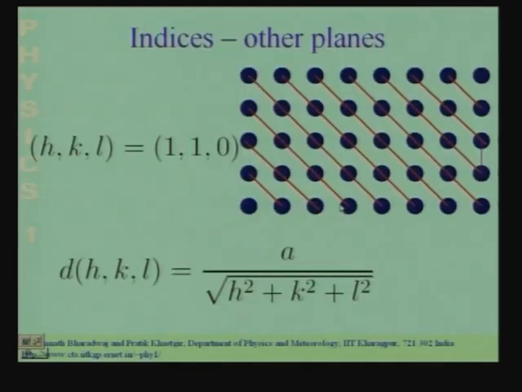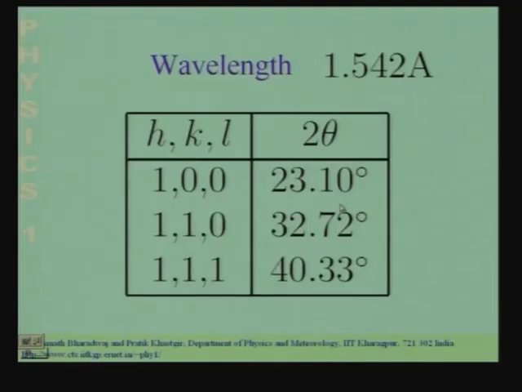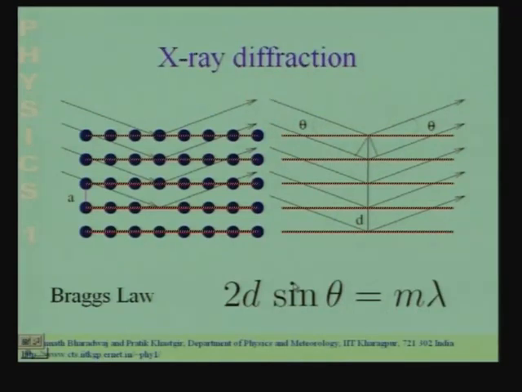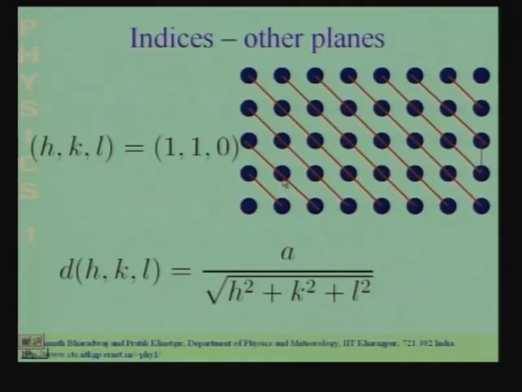Now the question is that we have to interpret these different maximas. So there are two things which could change. The first thing that could change is the order of the maxima m, or this value of d. d is the spacing between the planes, and there are many possible planes through the crystal.